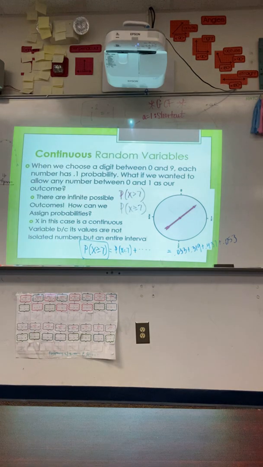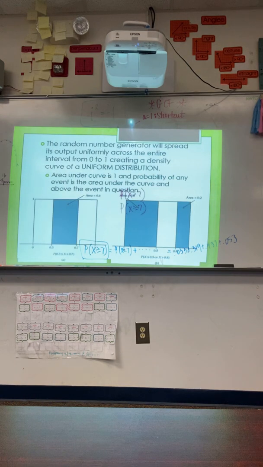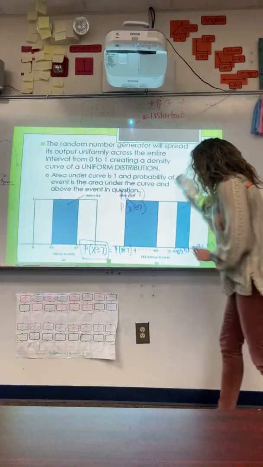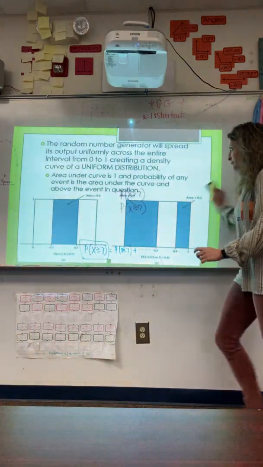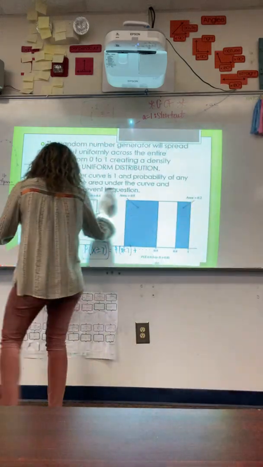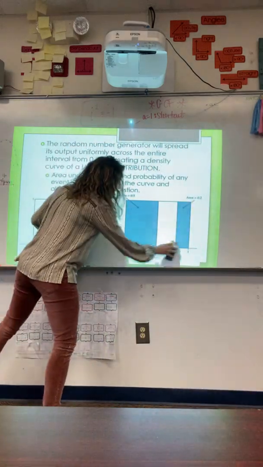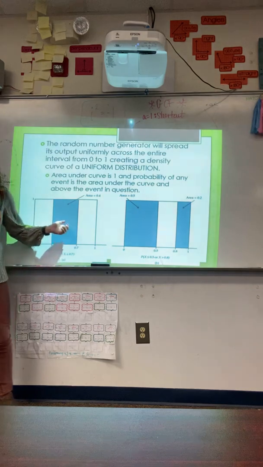So that brings us to our normal distribution. Also our uniform distribution. Do y'all remember how to do the uniform distributions? Length times width. It is a rectangle.